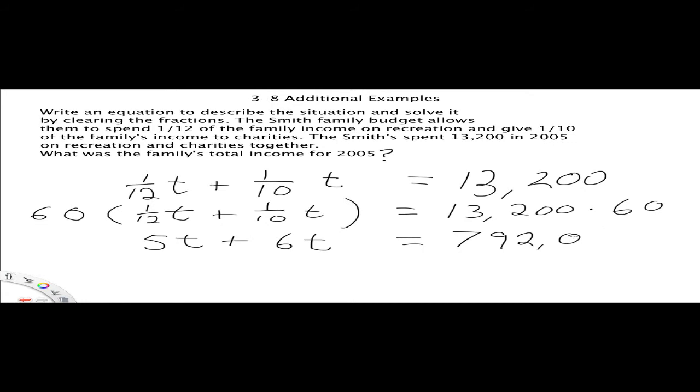792,000. Well, that's a lot, but that's also 5 times their total income plus 6 times their total income equals that amount. And 5 plus 6, well, that's pretty easy to deal with. That would be 11t equals 792,000.